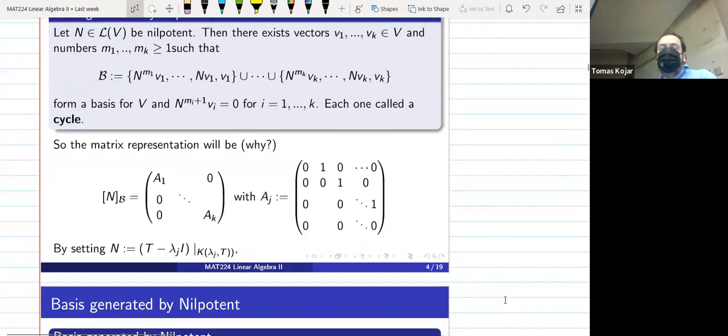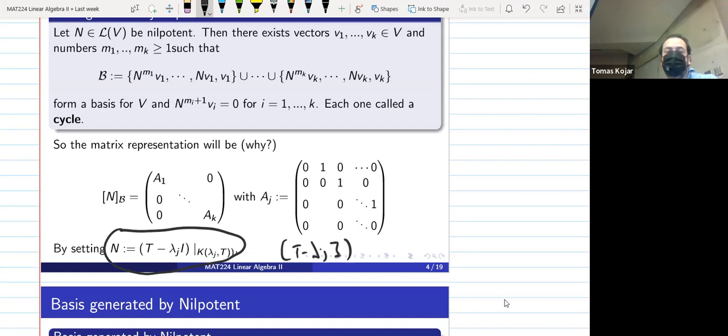The reason we study this is because we talked about this. The map (T minus lambda_j I) to the k is nilpotent, with k the dimension of the eigenspace d_j.